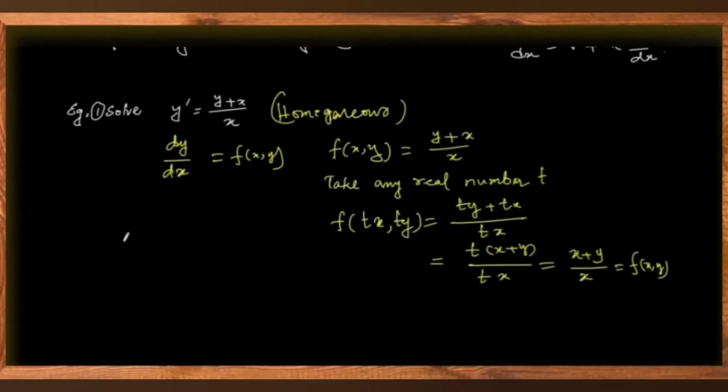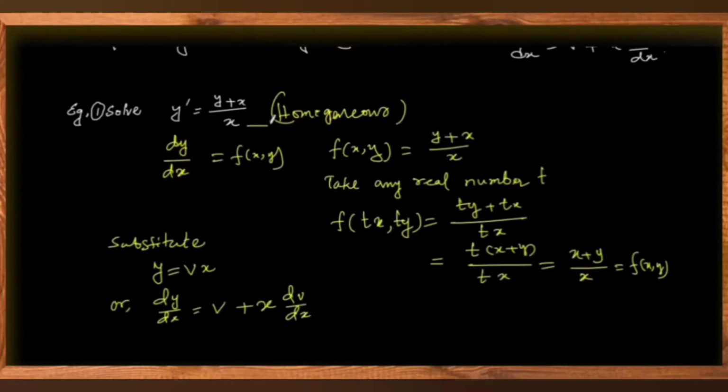So substitute y equals vx, where v is a function of x, so that we get dy/dx equals v, the derivative of x with respect to x is 1, plus x times the derivative of v, which is dv/dx. Put these values in equation 1.